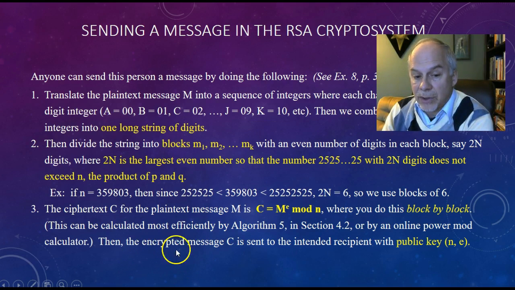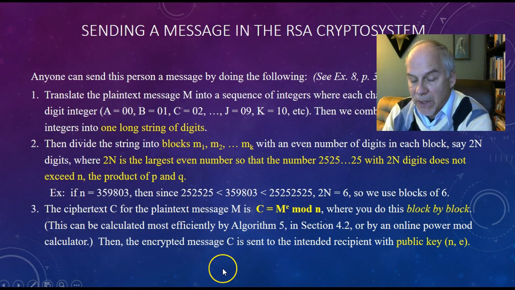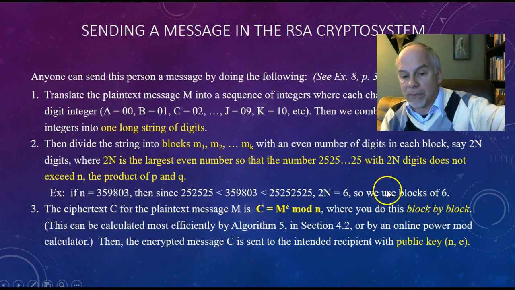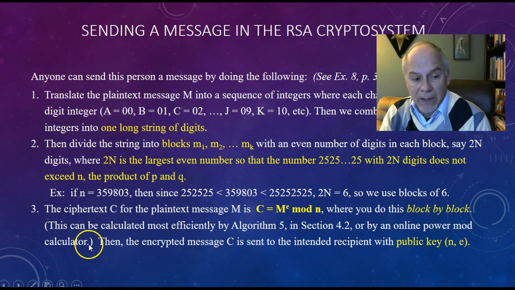Then you encrypt the message C. The encrypted message C is sent to the intended recipient, which has that public key n, e. So it's encrypted, so now you can send it over the internet, and you won't be concerned about it being deciphered.